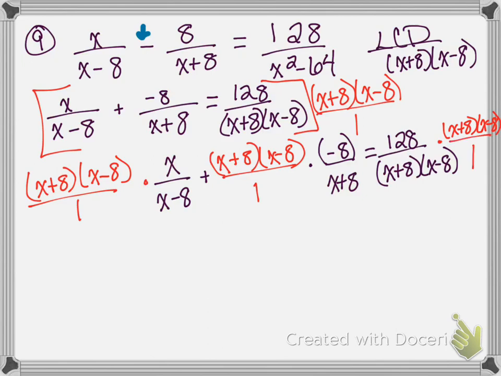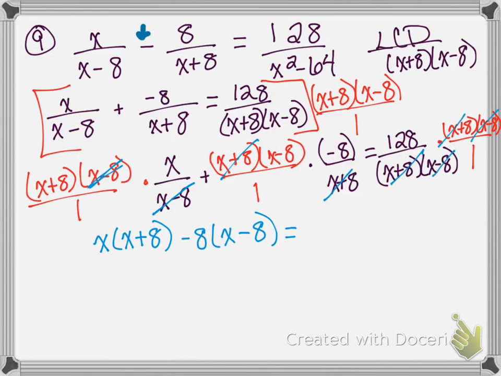Now we get to cancel a bunch of stuff. So I've got x minus 8 and x minus 8. That leaves me with x times x plus 8. X plus 8 and x plus 8 cancel, so now I'm left with negative 8 and x minus 8. Then I have equals 128, because our x plus 8, x minus 8 cancels with x plus 8, x minus 8.